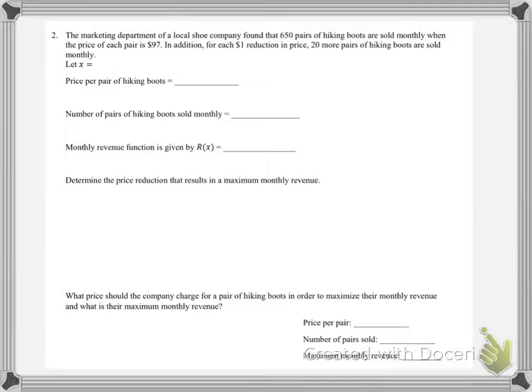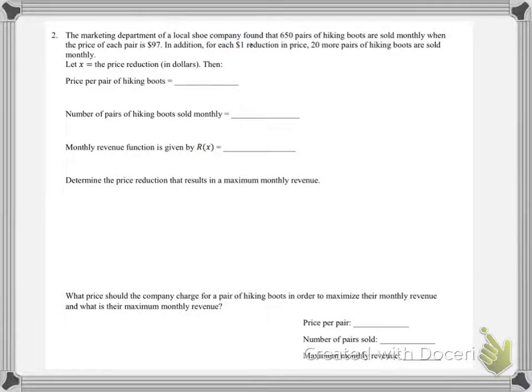The way you decide which one is whatever is changing by 1. So in this case, when we lower the price by $1, we get 20 more pairs of hiking boots. If I said that raising the price by $10 will result in 1 less pair of hiking boots, then I would make x the change in quantity, because that would be the thing that's changing by 1.